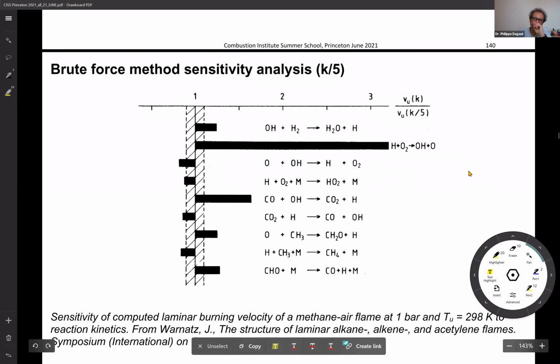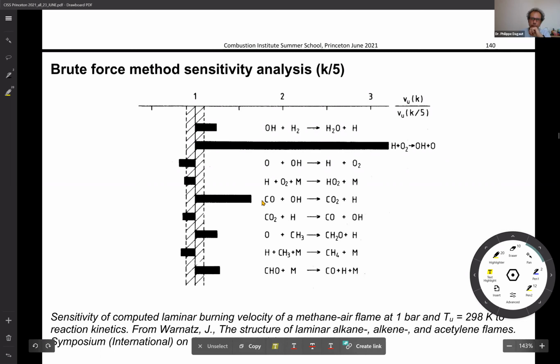And then they computed this sensitivity coefficient for all these reactions. And what they figured out is that the reaction H plus O2 giving you OH plus O is the most influential reaction. It has the highest sensitivity.